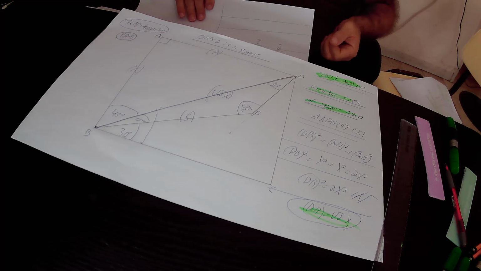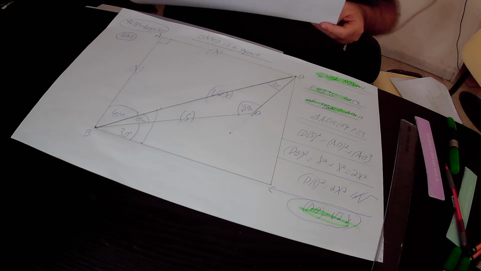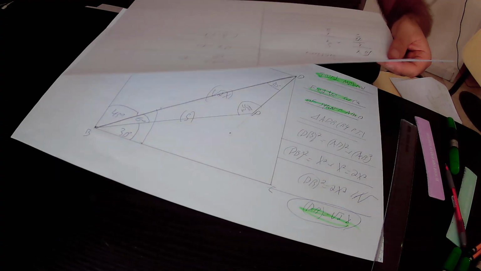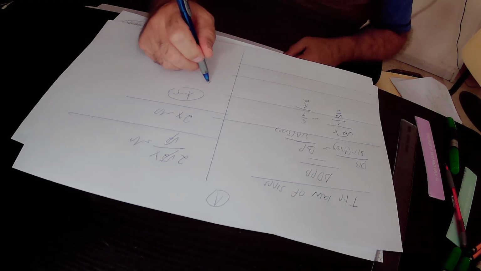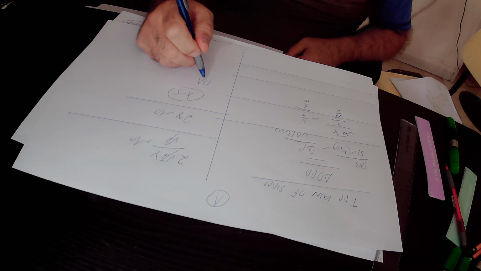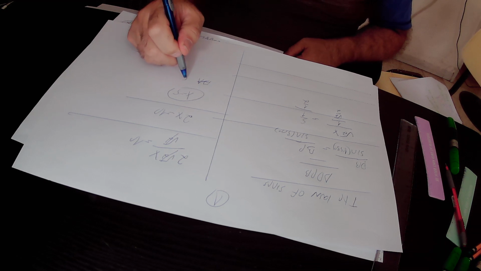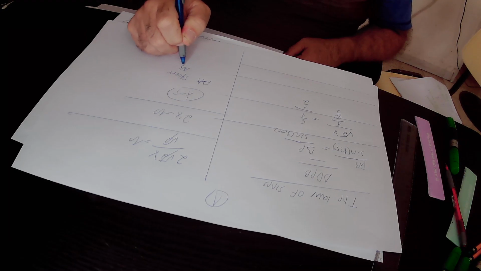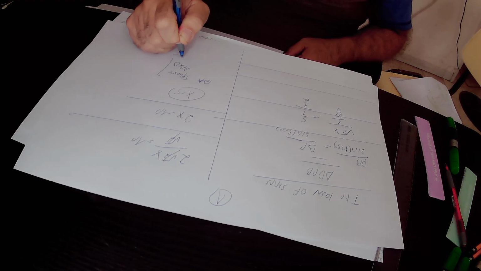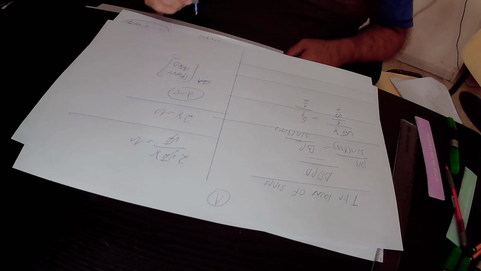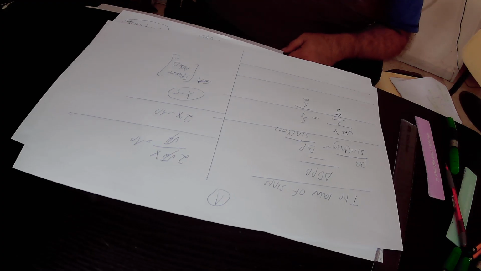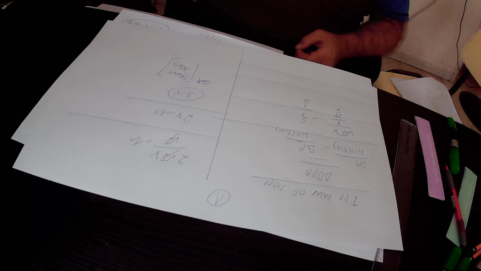One side of square ABCD equals 5 units in length. Our task is to find the area of the first square ABCD. We know that the area of a square equals the length of one side squared.